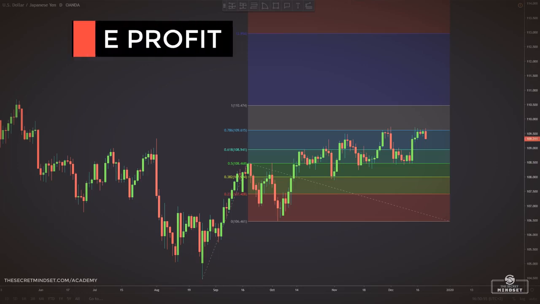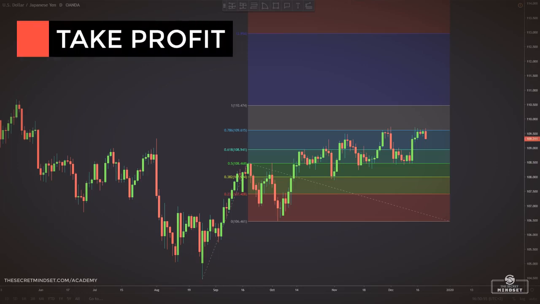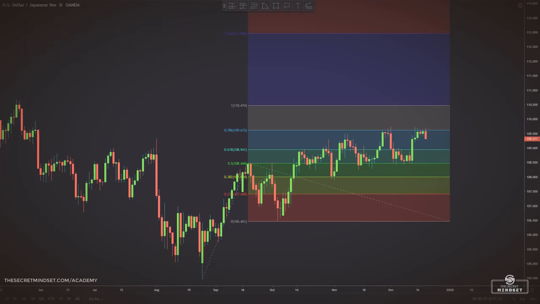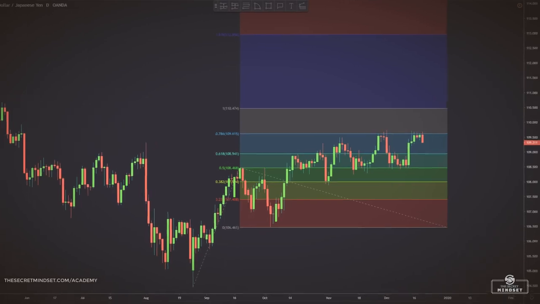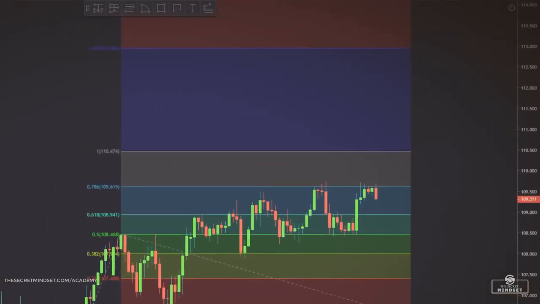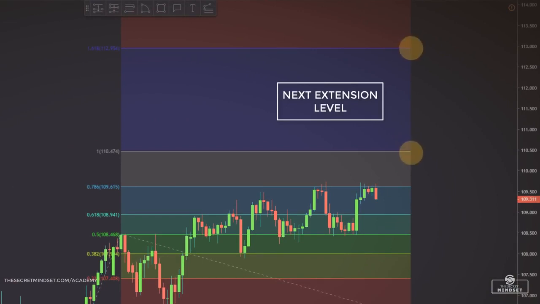Regarding take profit levels, in trading there are no certainties. We are dealing with possibilities and probabilities. It is important to understand that there is no such thing as knowing exactly how far a price move will go. You can always set a minimum target at the next Fib extension level.